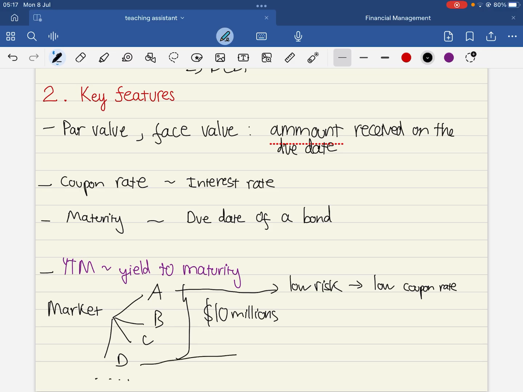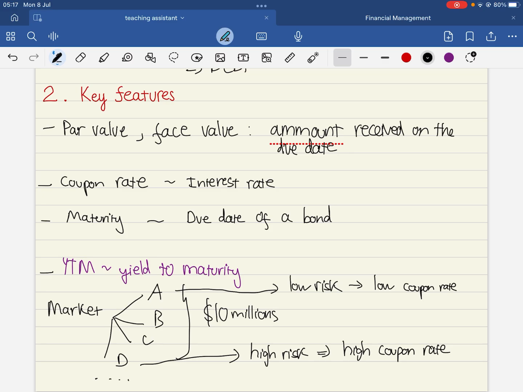But company D has high risk, which means they can go bankrupt anytime. They need to offer a high coupon rate in order to attract investors to let them borrow the money.